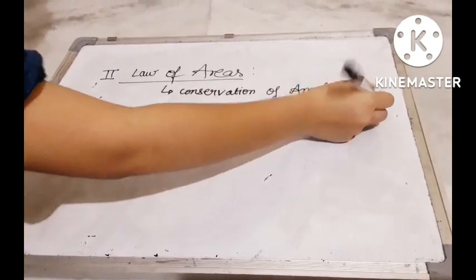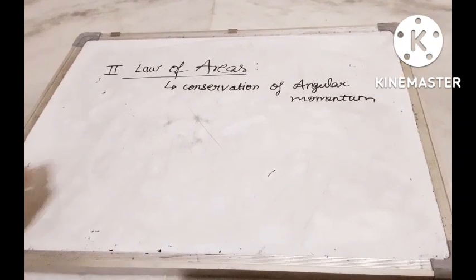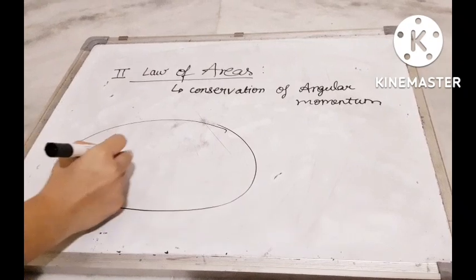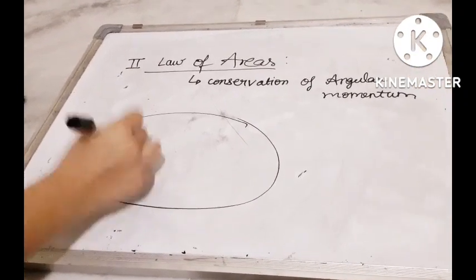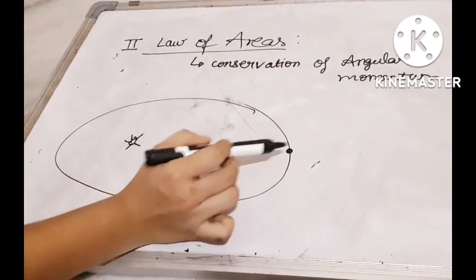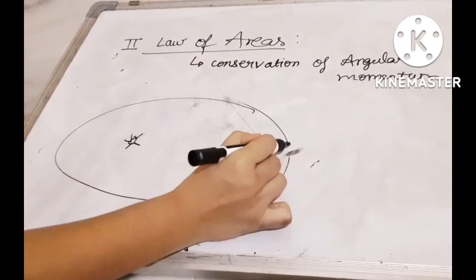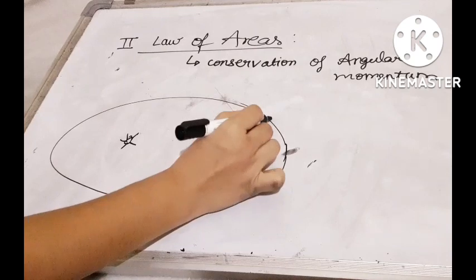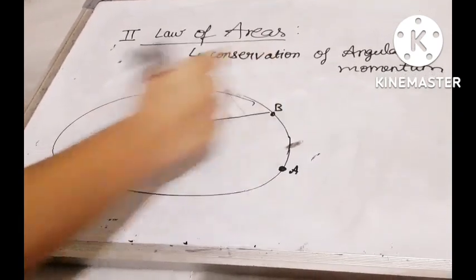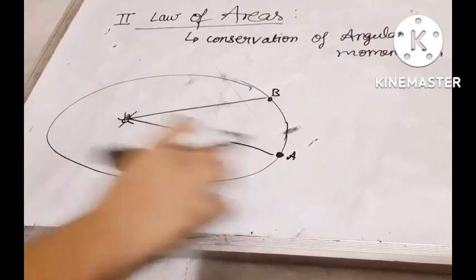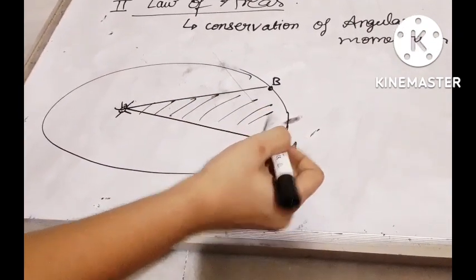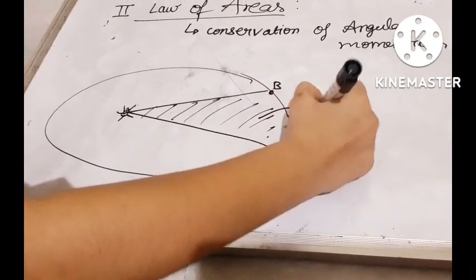Okay, so the law of areas says that suppose this was your elliptical orbit, right? So here was your sun at one of the foci. Now the planet is coming from this point to this point. Let us consider A to B. So if I calculate this area swept by joining the sun, let me call this area 1.